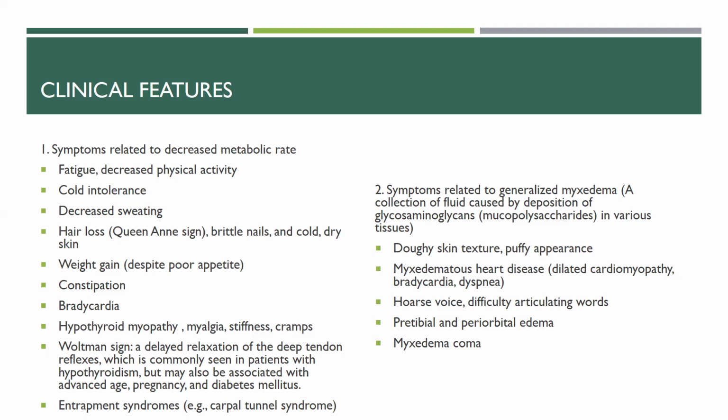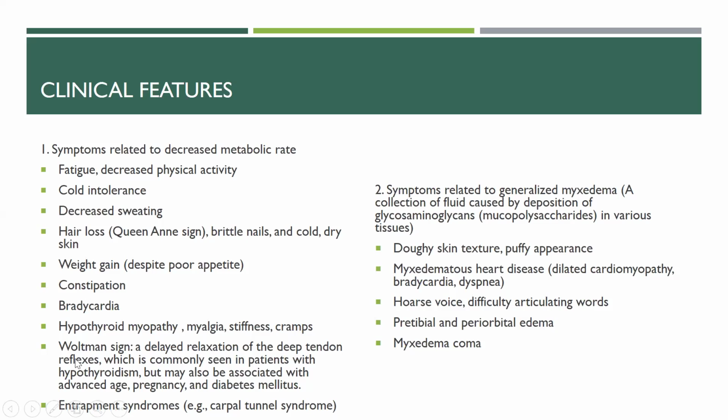Then you'd have myopathy, myalgia, stiffness, cramps, and then something called Woltman sign. That's something that you'll find in your systemic exam. That's usually when you're doing a CNS exam, as someone took you through, either Nate or Sean. You will have a delayed relaxation of the deep tendon reflexes.